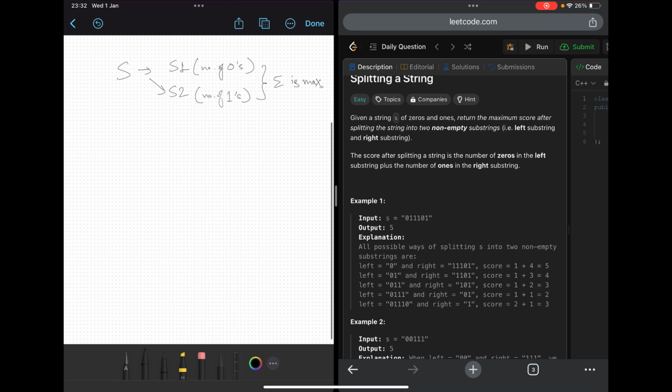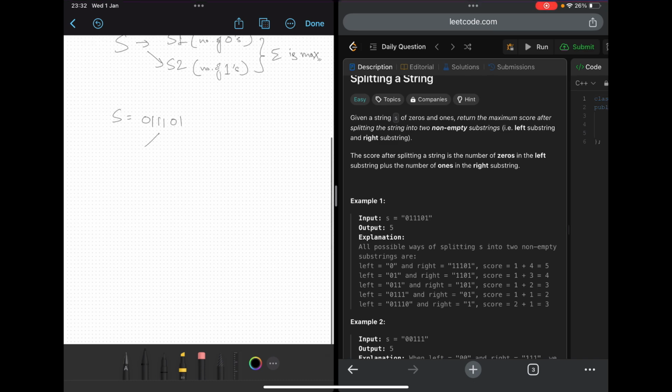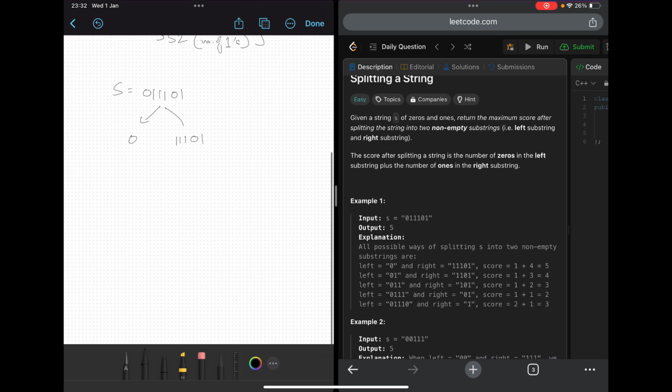Let's take an example. If s is given as 0 1 1 1 0 1, this can be divided as 0 | 1 1 1 0 1 or as 0 1 | 1 1 0 1.